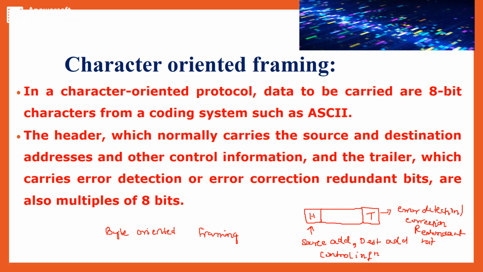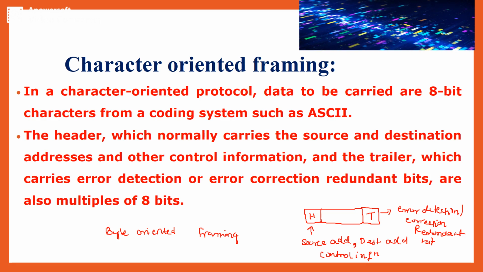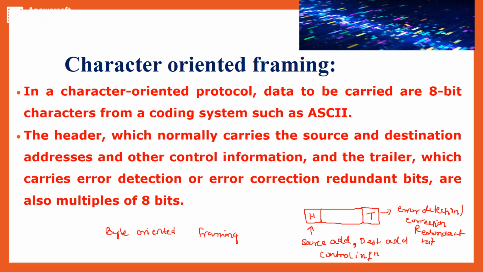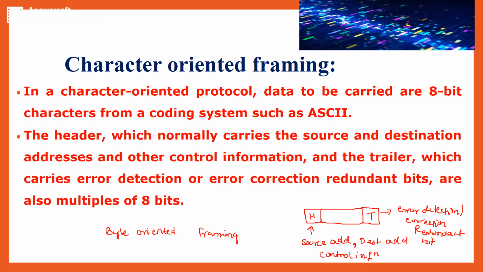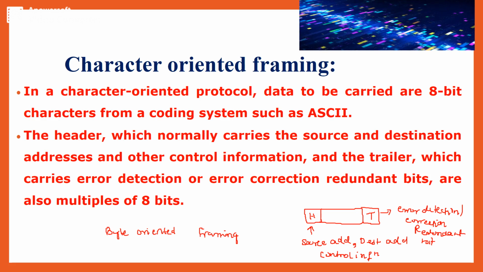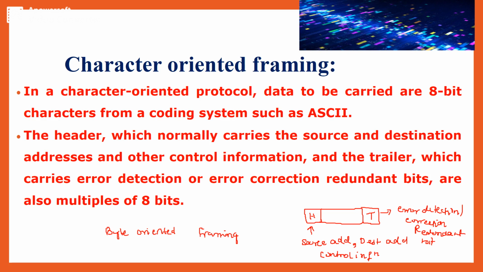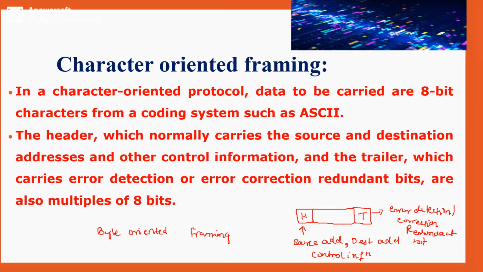The header is nothing but the source and destination address along with other control information. The trailer carries error detection or error correction redundant bits. Both header and trailer are of 8 bits or multiples of 8 bits.